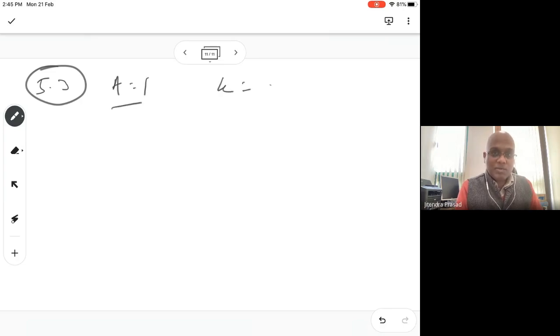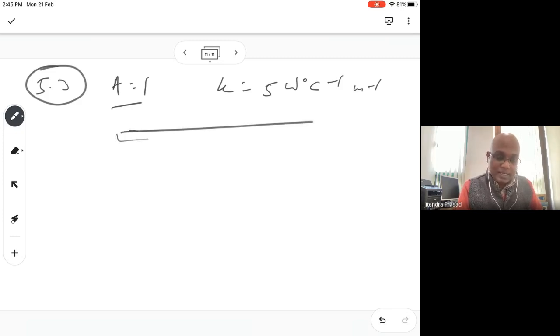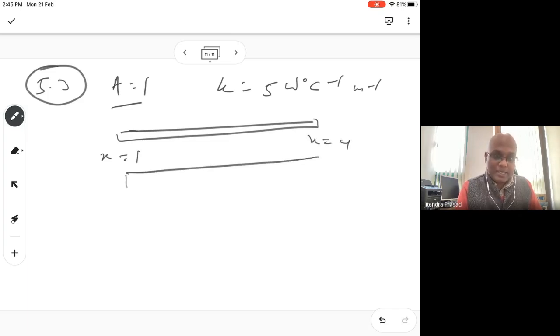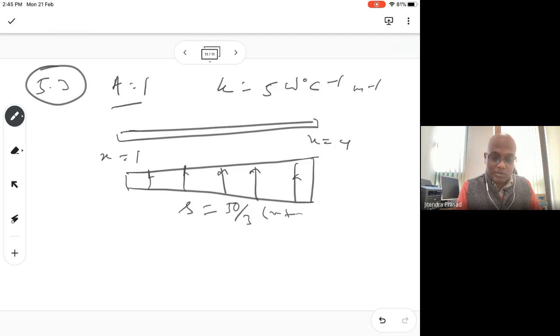K is also given to be 5 watts per degree Celsius per meter, and there is a linear heat source S. What is different here is that it now goes from x equal to 1 to x equal to 4, and the heat source goes like this. S is equal to 50 over 3 x plus 2.